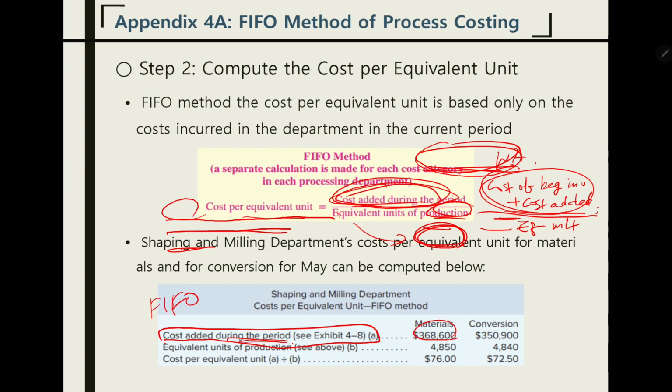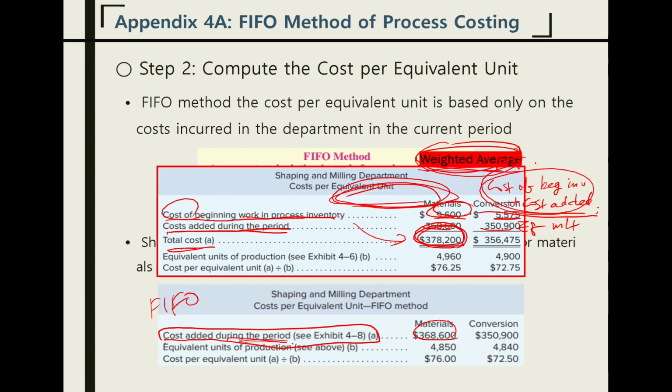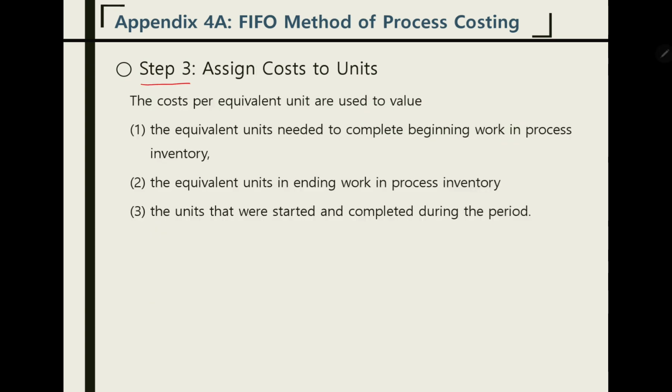So under the FIFO method, we already did this. And then let's go to the third step. We already computed the equivalent units and cost per equivalent unit, right? Then the cost per equivalent unit is used to assign cost. Value means assign dollar cost.